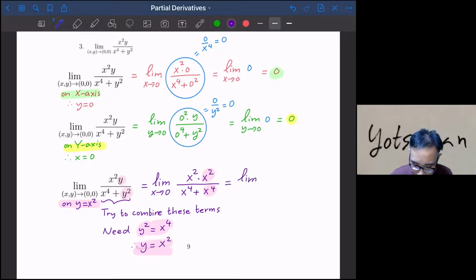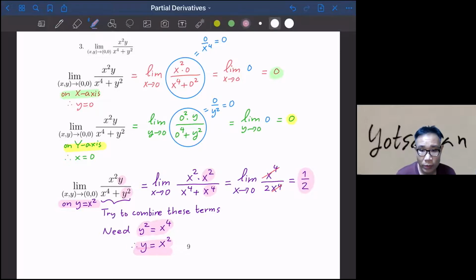That is the limit as x goes to 0 of x to the fourth over 2x to the fourth, and this limit becomes 1/2. So the pink limit turns out to be different from 0.